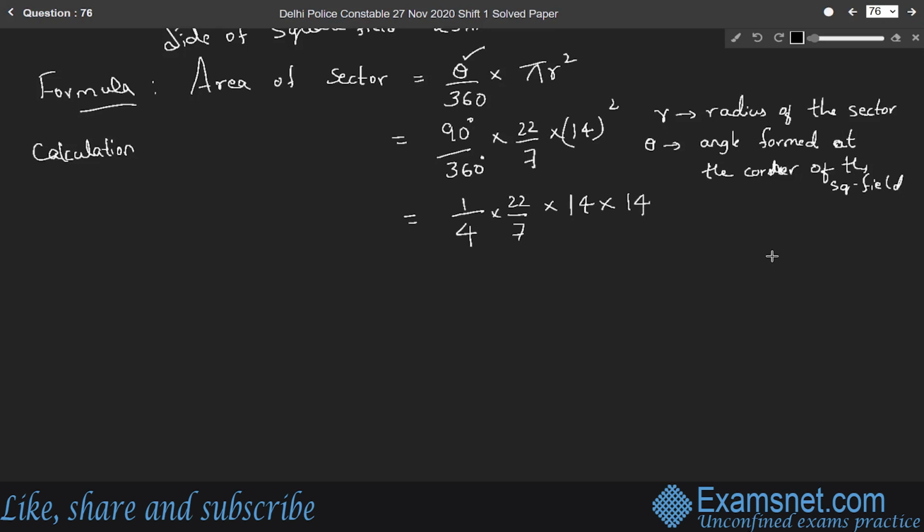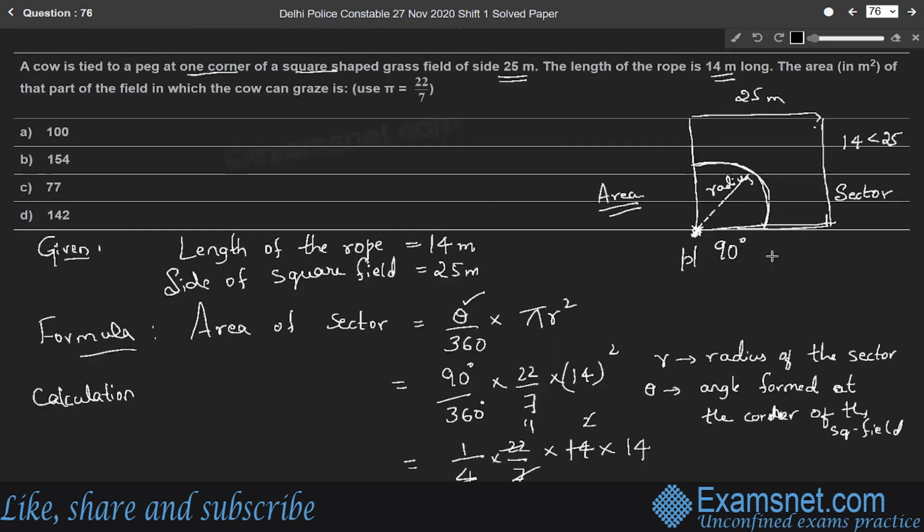In order to simplify, we get 11 into 14, which is equal to 154 meters square. Therefore, the area of the sector is 154 meters square. Hence, option B is the right answer.